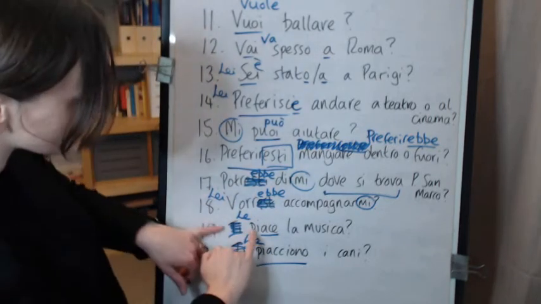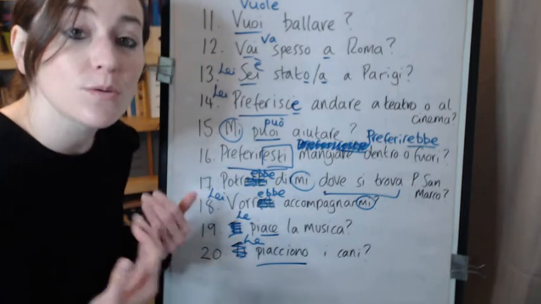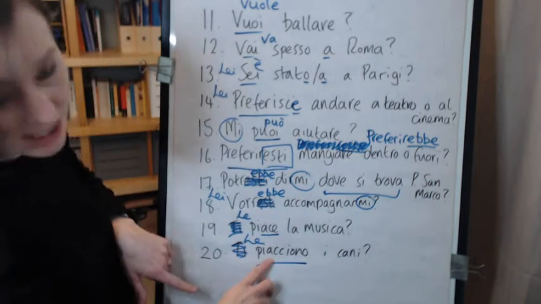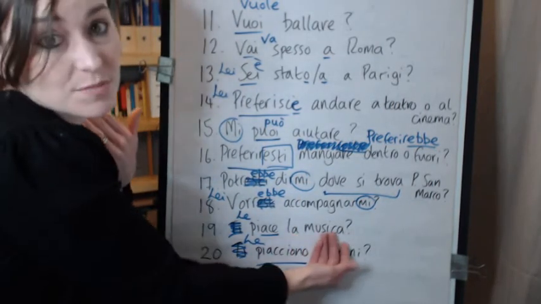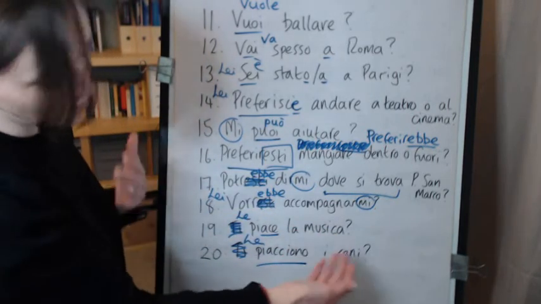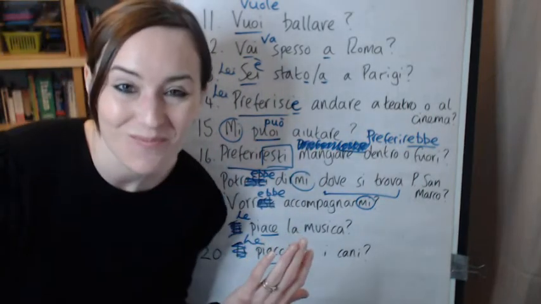So the bit that changes is not ti piace, it's le piace. Qualcosa piace a lei. And it might be piace or piacciono, depending on whether you're talking about something singular that is liked, music or dogs or animals or, you know, the weather, whatever.